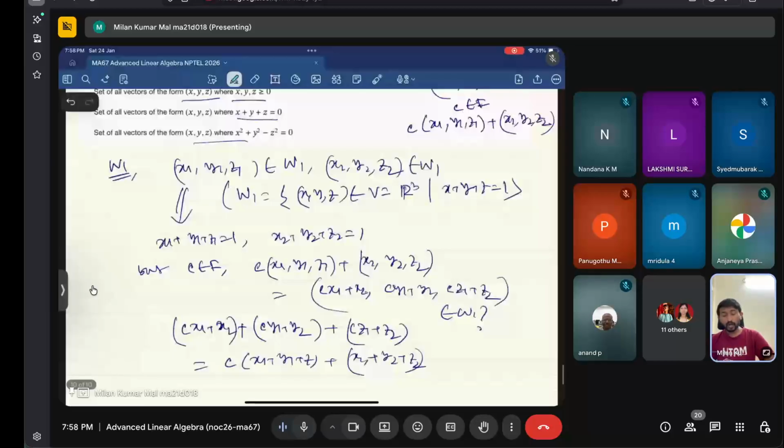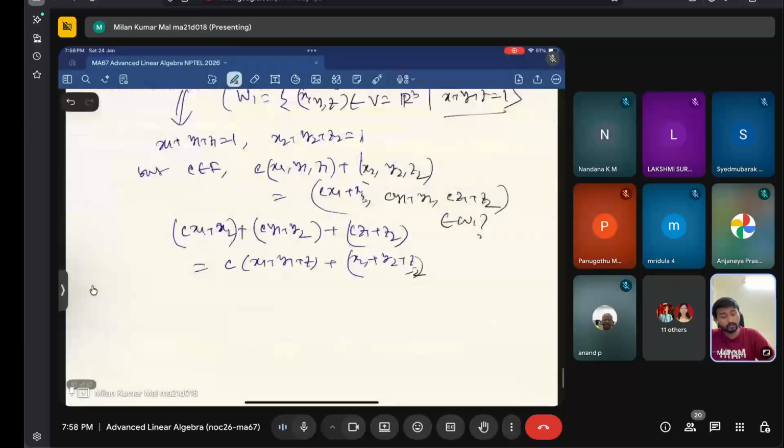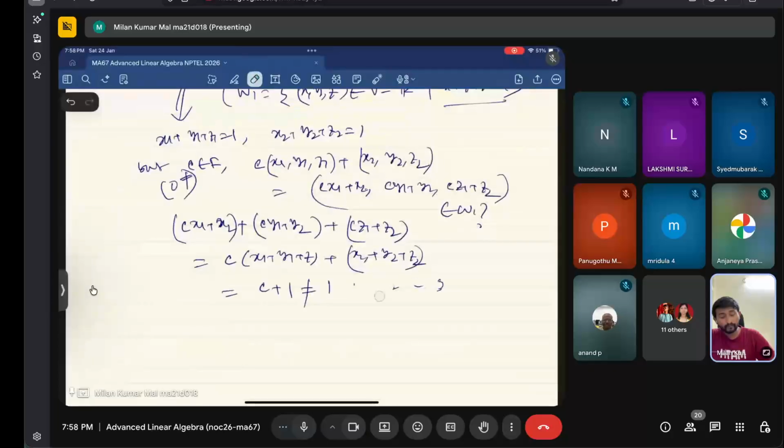This will be 1 only if c equals 0, but one can choose c not equal to 0. So this is not always equal to 1, which gives that W1 is not a subspace. Directly you can say 0 is not there, so it is not a subspace. That's all.